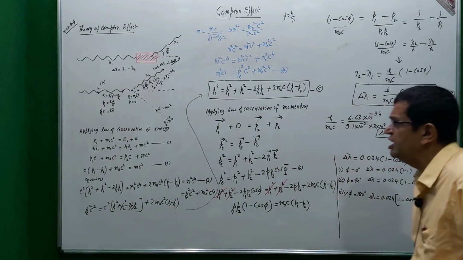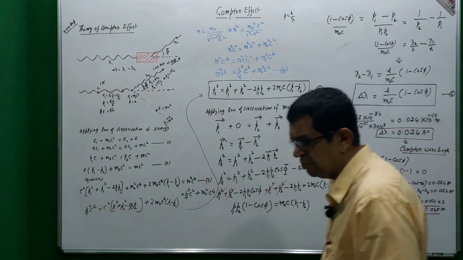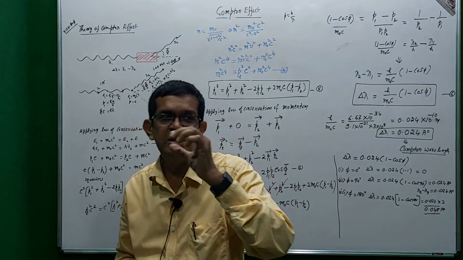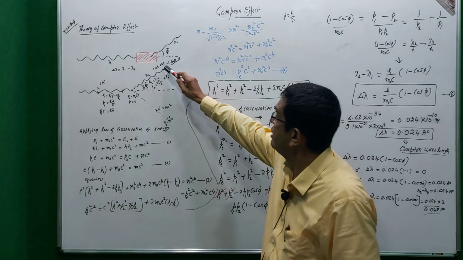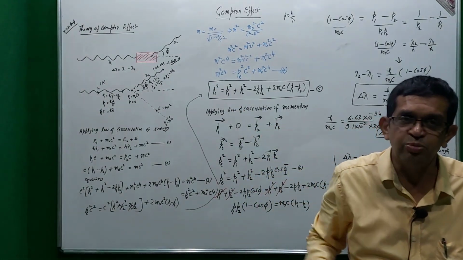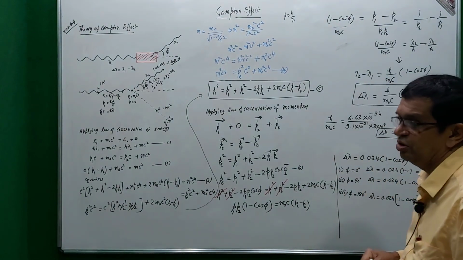Therefore, a very small change in the wavelength happens during the scattering. The beam is incident, gets scattered, and the change in the wavelength is only of the order of 0.048 angstrom. It is not more than that, and therefore this is an extremely small value.